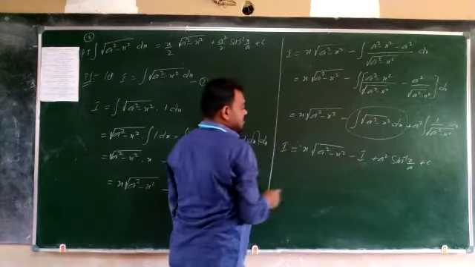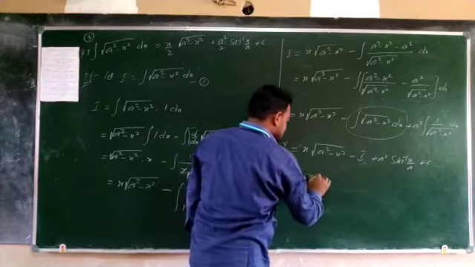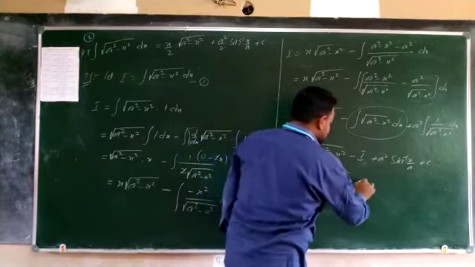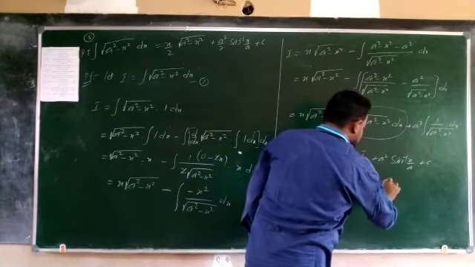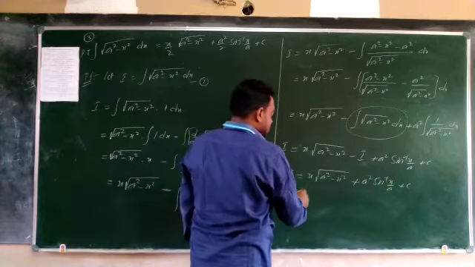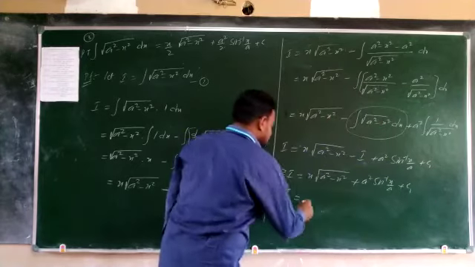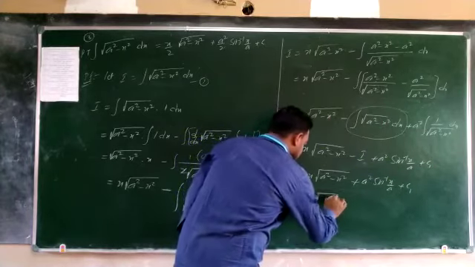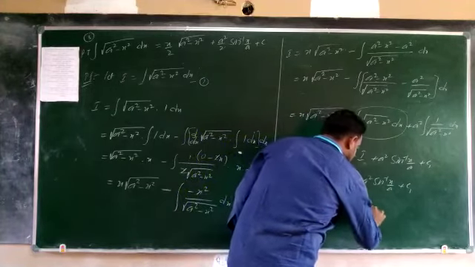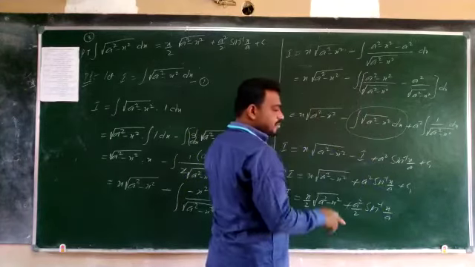Next, I is taken to the left side, I plus I, 2I. 2I is equals to x into square root of a square minus x square plus a square into sine inverse of x by a plus c. 2 is taken to the right side, so this is equals to, a constant you assume as c1, x by 2 into under root of a square minus x square plus a square by 2 into sine inverse of x by a plus c1 by 2.